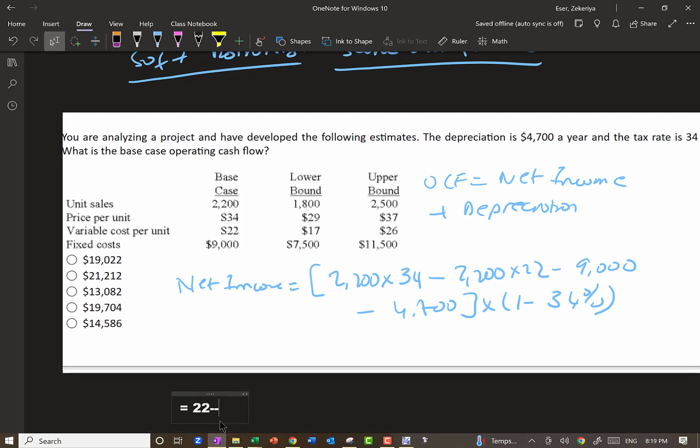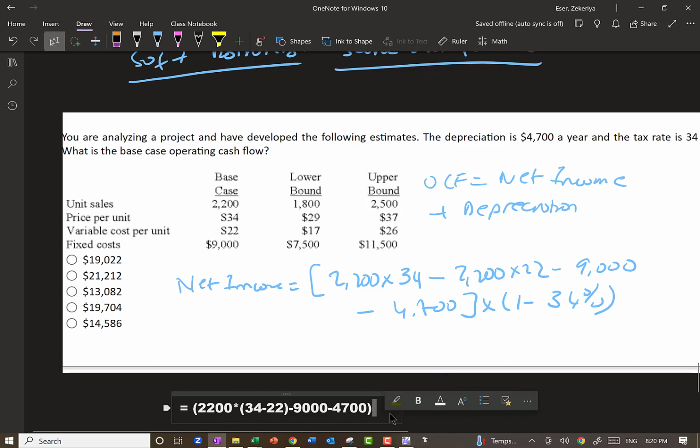I'm gonna be smart. 2,200 times 34 minus 22, minus 9,000 minus 4,700, and I'm gonna multiply the whole thing by 0.66.